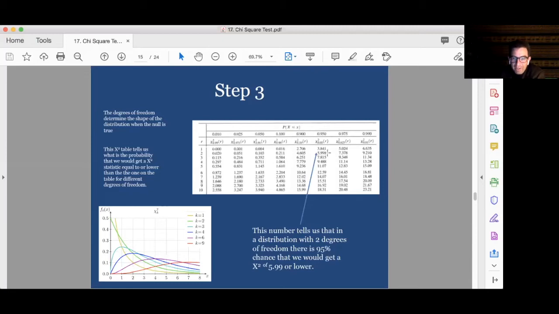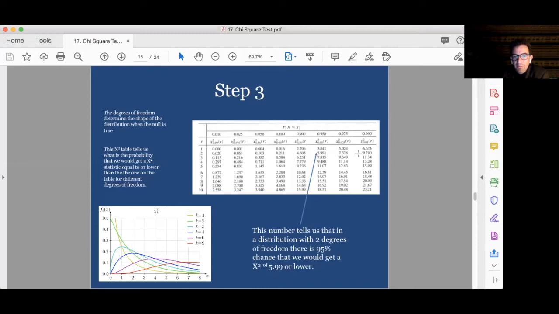And 5% of the time you get a chi-square statistic higher than 5.99, again sampling from a population where there's no relationship. So it would be pretty rare to get a chi-square statistic higher than this.